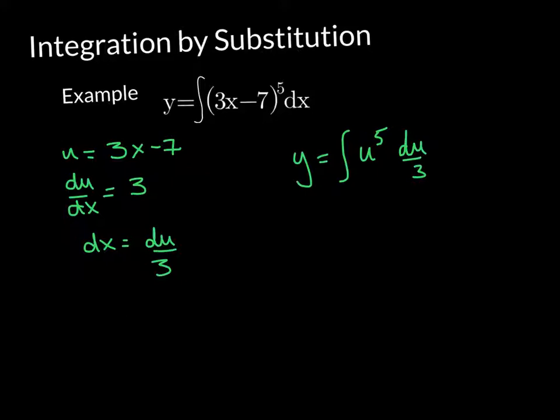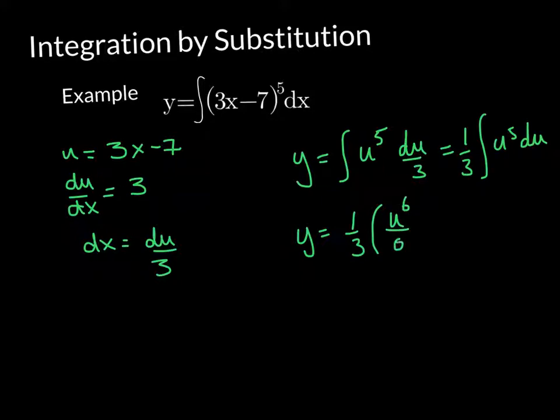Before we perform the integration, we can make things a little bit simpler by taking the 1 over 3 outside, and then the integral of u to the power of 5 with respect to u. If we use the standard rules of integration, we have to add 1 to the power and then divide through by the new power. So we get a third times u to the power of 6 divided by 6. And again, we have to add our constant of integration.